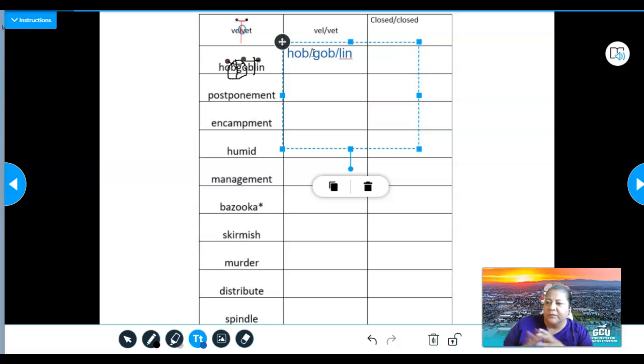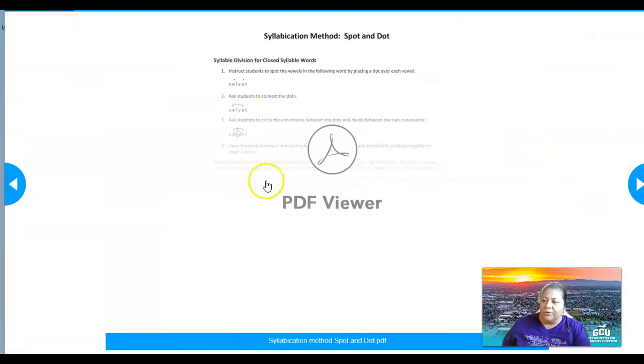And that split right there shows us that it's a closed syllable, closed syllable, closed syllable. Therefore, when we decode this, we know that this would make an ah sound, an ah, and an i. So it would be hobgoblin, hobgoblin.